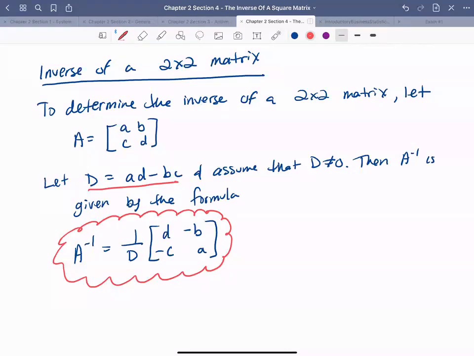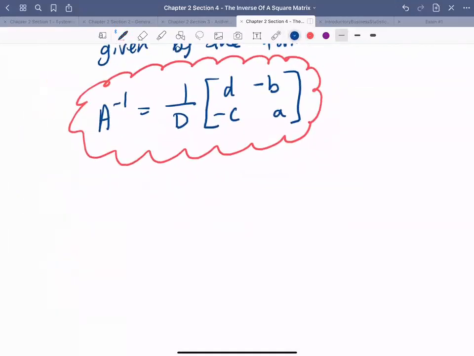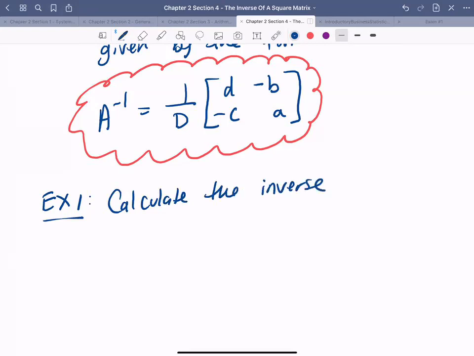So let's find that. All right, let's practice at that. Example 1. Calculate the inverse of negative 2, negative 3, 4, and 7. First off, we have to find what D is.